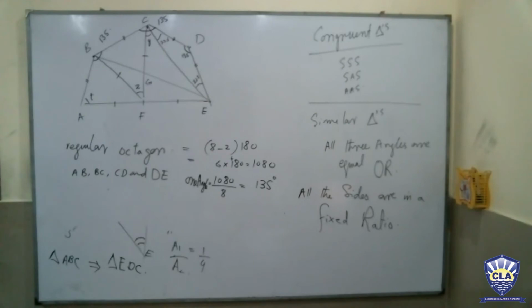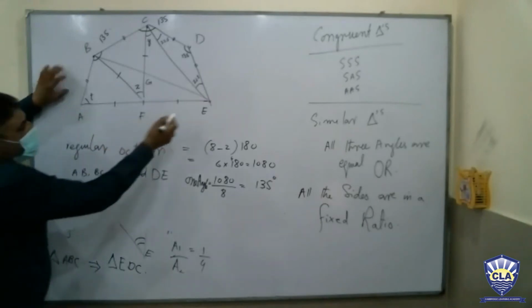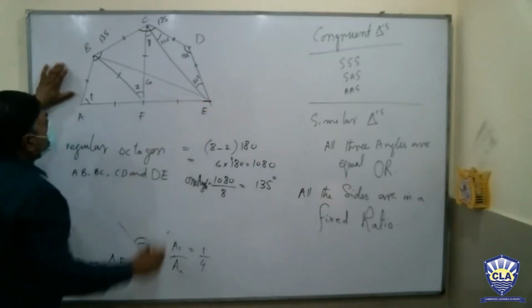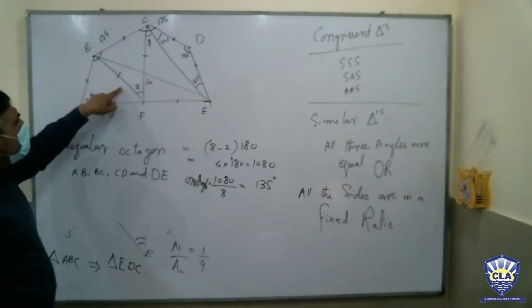What you said, half of this 135? Half of the angle is T and half of the angle is this one. Both the sides are equal, isosceles triangle.